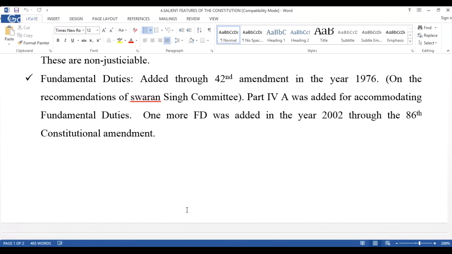Fundamental duties. Right? Did you read it?